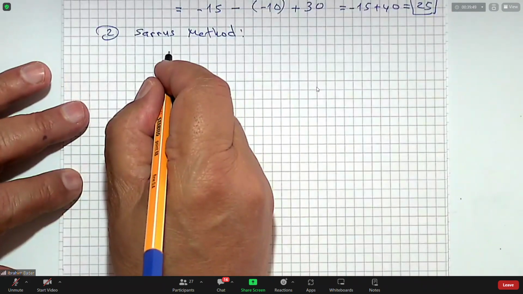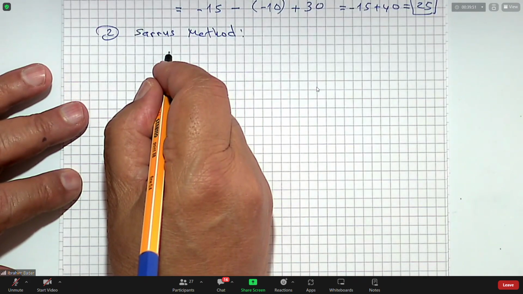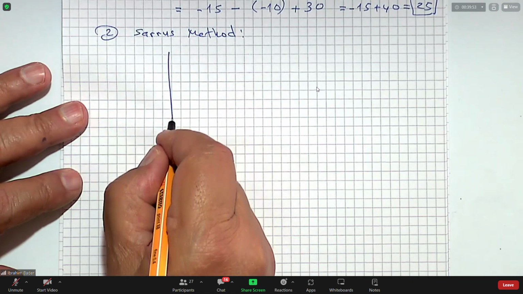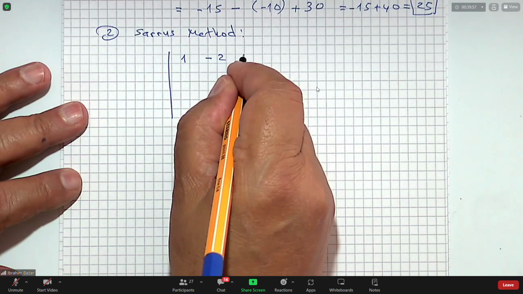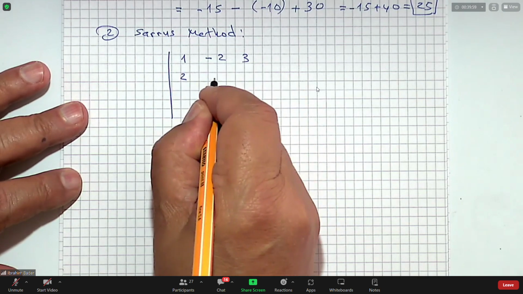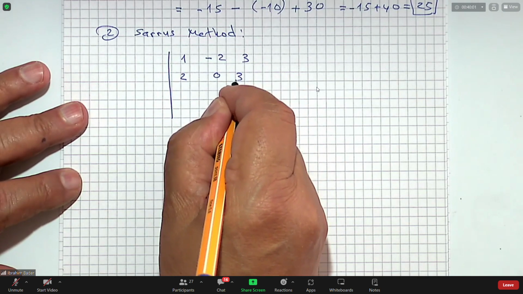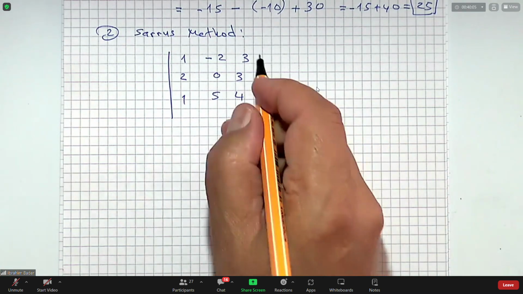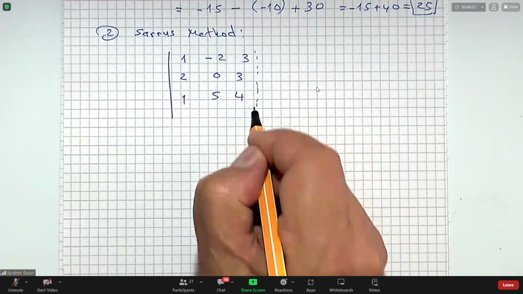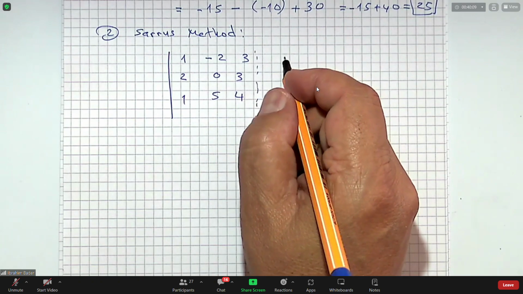So what we do here is we place the, let me just do it here, 0, 3, 1, 5, 4. Okay, let me here assume I have some hypothetical line here.